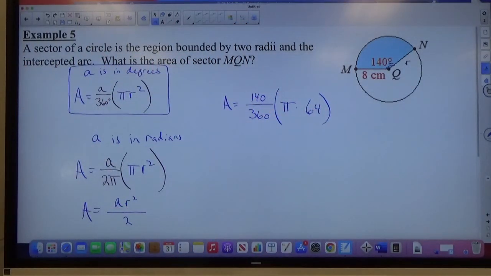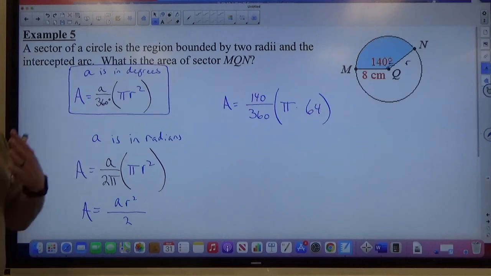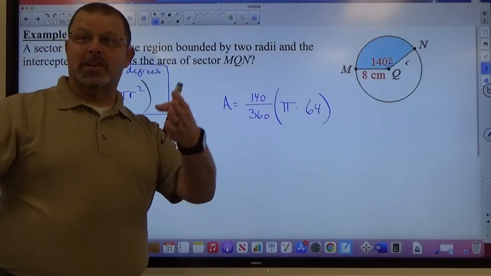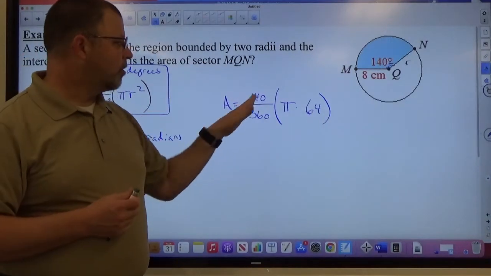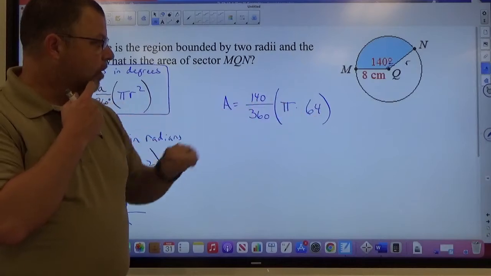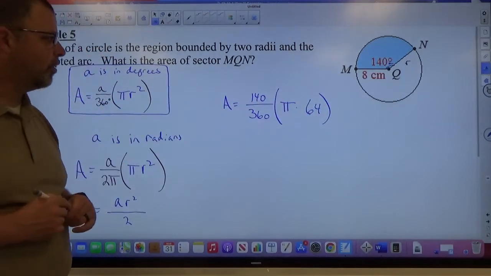If the radius was 17.03 or something weird like that, I'm probably going to write 17.03 squared. But 7 squared is 49, 9 squared is 81, 10 squared is 100. If it's a number that's easy to square, I'm just going to mentally square it and put that in the formula, because by the order of operations, that's the first thing that should happen anyway. So if you square that number in your head as you write it down, it makes life easier.